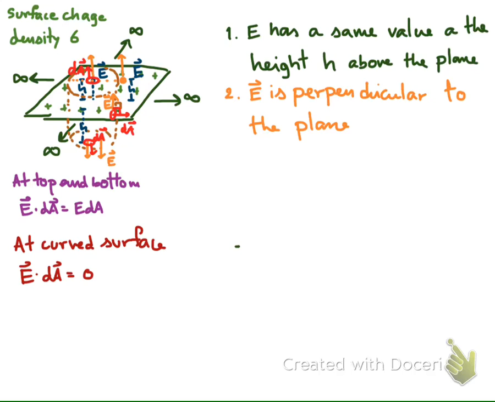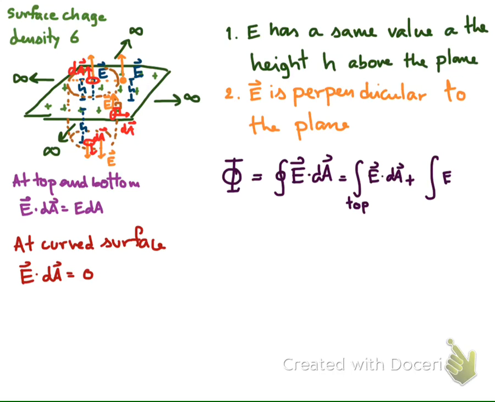Now we can use the Gauss law. We can say that the total flux on this Gaussian surface is equal to the integral over the closed surface of E dot dA, which we can say is the integral of E dot dA on the top surface plus the integral of E dot dA at the bottom surface plus the integral of E dot dA at the curved surface.